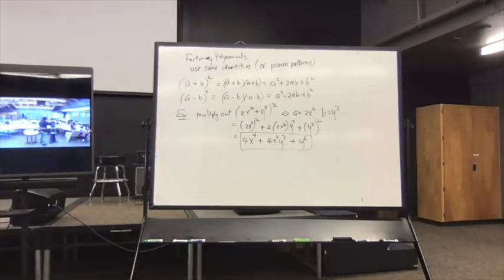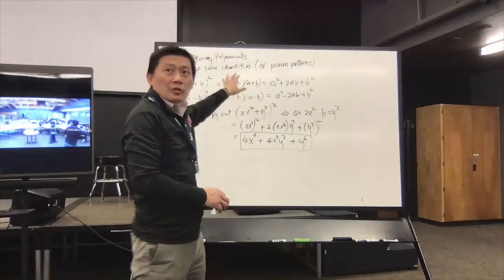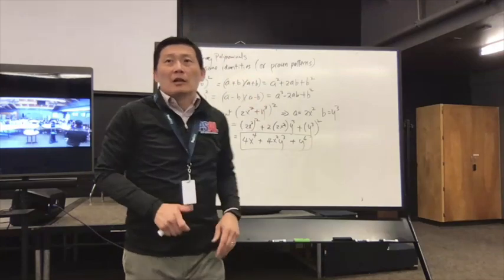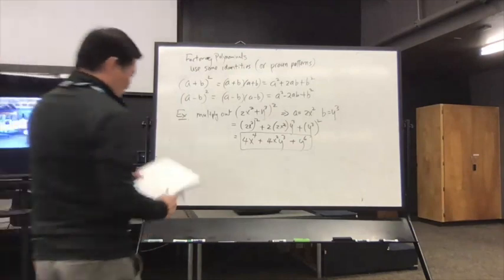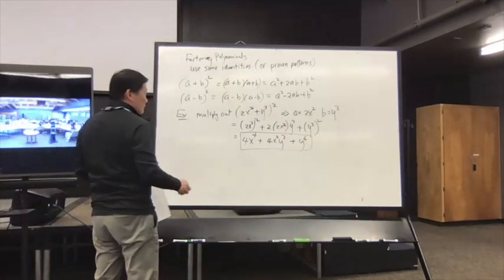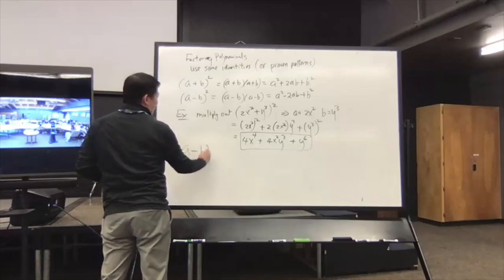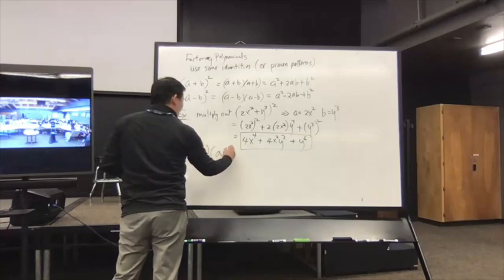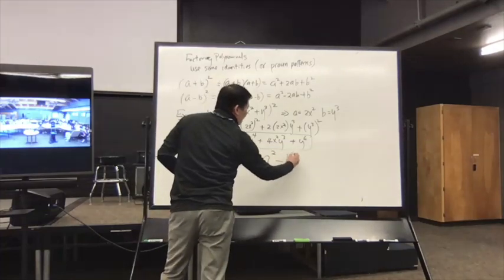I haven't even shown you the factoring, because the factoring gets even more useful when we're dealing with something like this. Let me quickly write down another one for you. Another one is when you have a minus b times a plus b, you end up with a squared minus b squared.